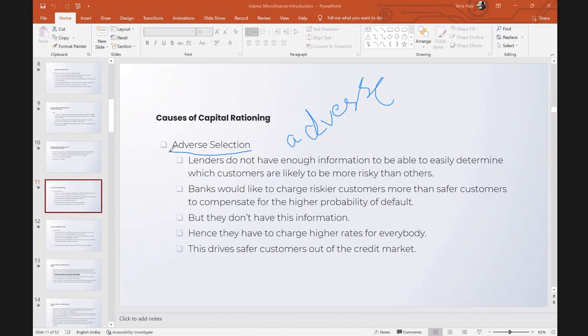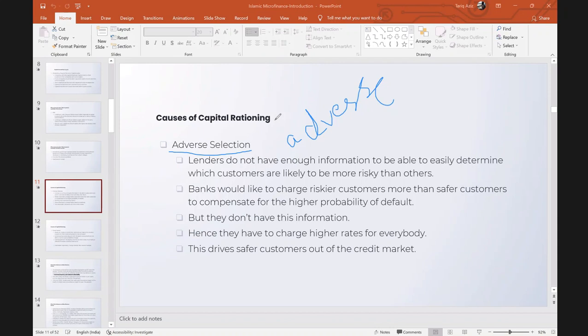Adverse selection happens where there is information asymmetry, and it is very difficult to ascertain which customers are riskier and which customers are less risky. So in this situation, adverse selection may happen. For example, if as a lender I am supposed to lend to businesses, it is very difficult to know in advance and ascertain which borrower is going to become a successful businessman and which borrower is going to fail.